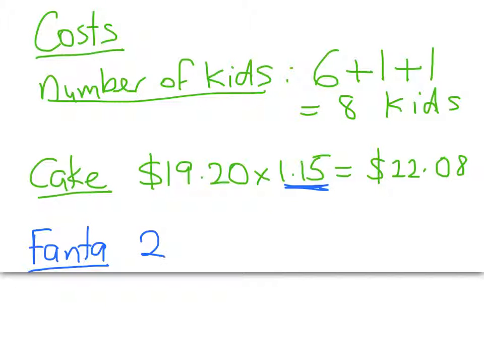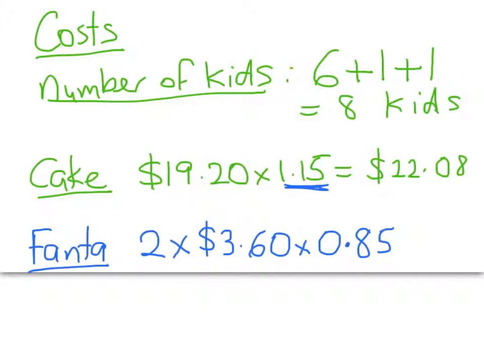It's going to be 2 times $3.60. Right, that's the normal price, but it's on sale for a discount of 15%. So we know we can use the multiplier approach to get our answer. So I'll just get that and then we'll go over that bit of maths again.